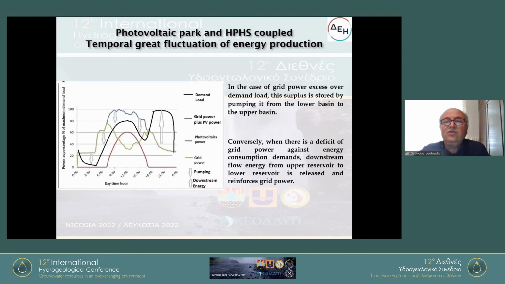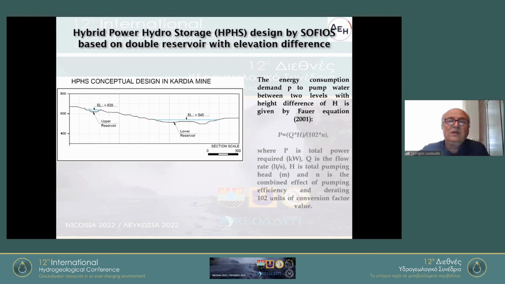In the case of green power excess over demand load, this surplus is stored by pumping it from the lower basin to the upper basin. Conversely, when there is a deficit of grid power against energy consumption demands, downstream flow energy from the upper basin reservoir to the lower reservoir is released to reinforce the grid.